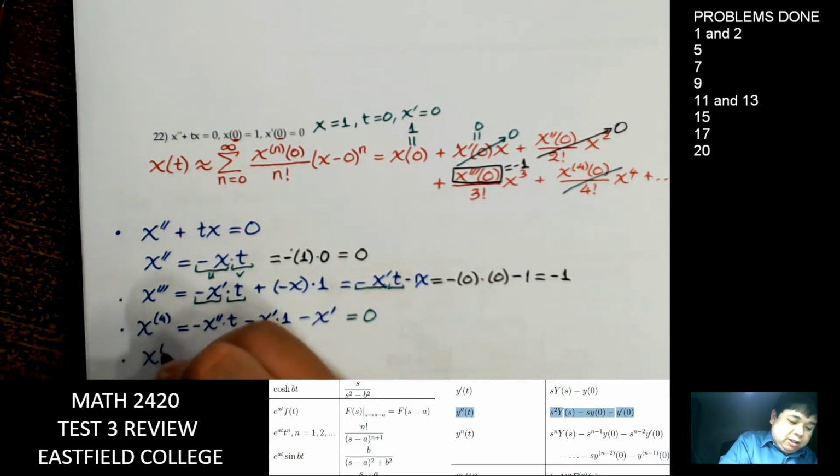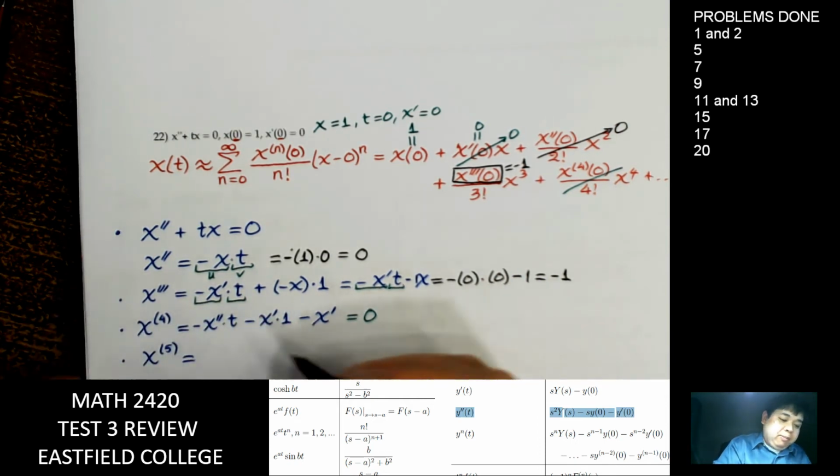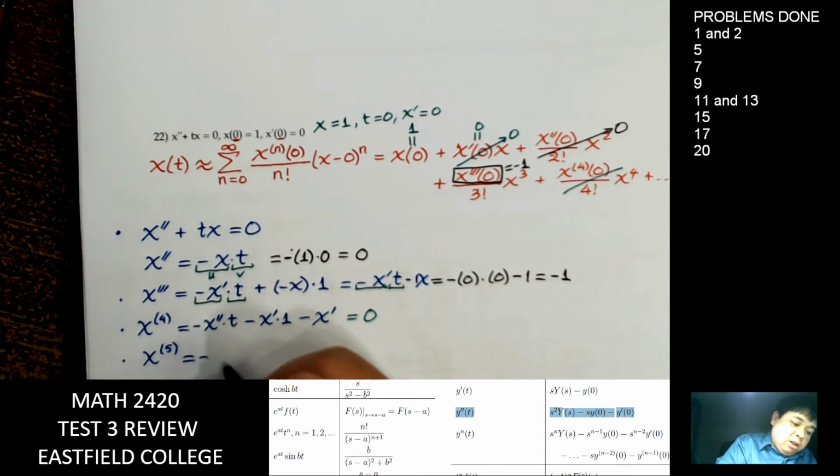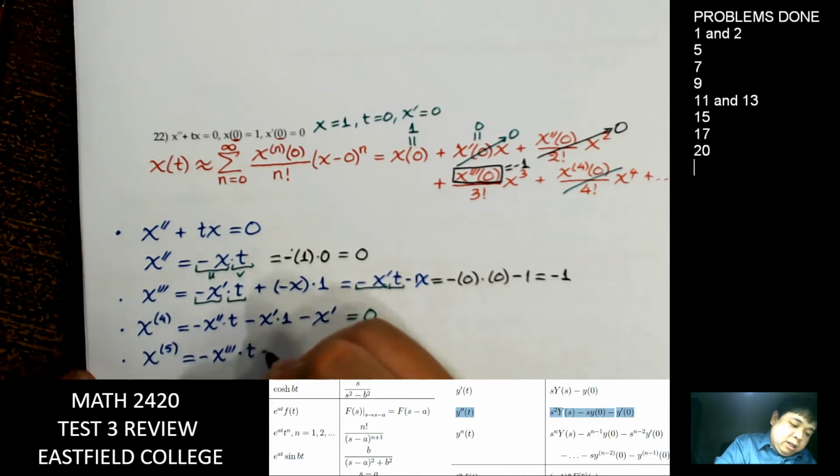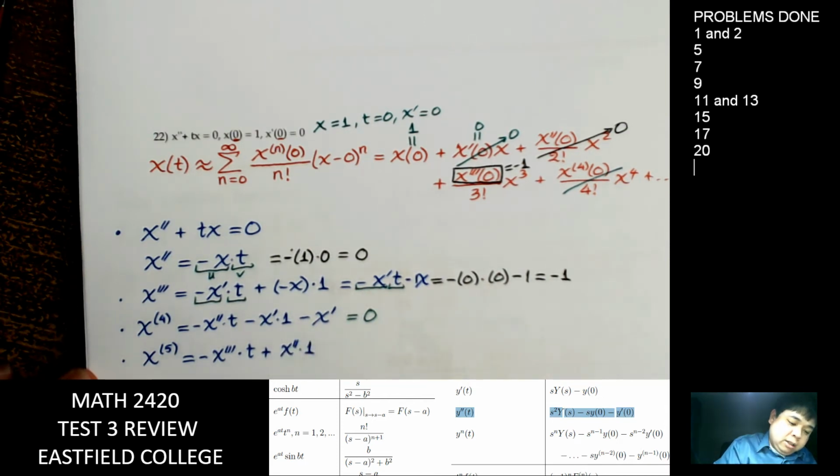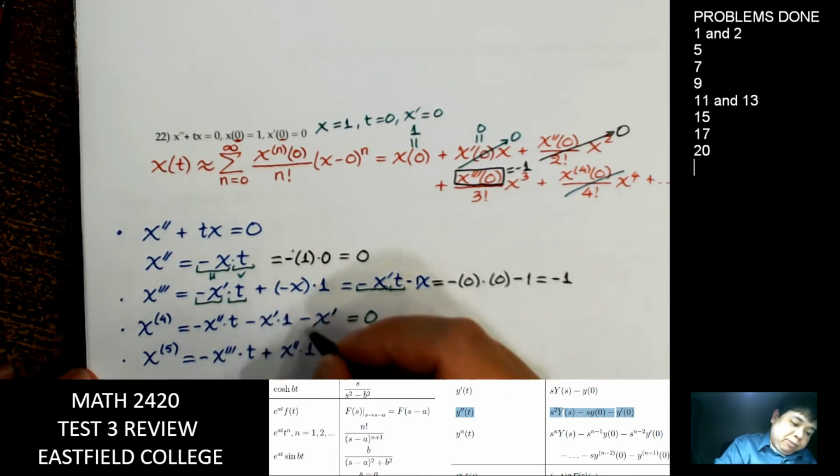Right. The fifth. That will be the third derivative times t plus the first with the derivative of the second, both of them 0.